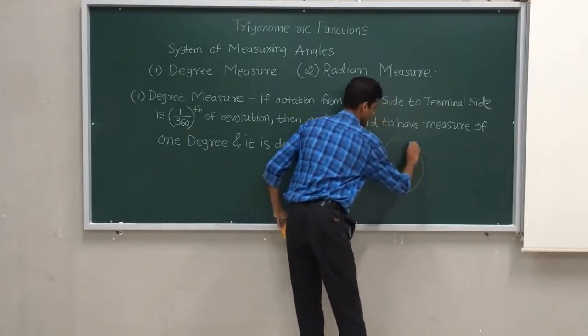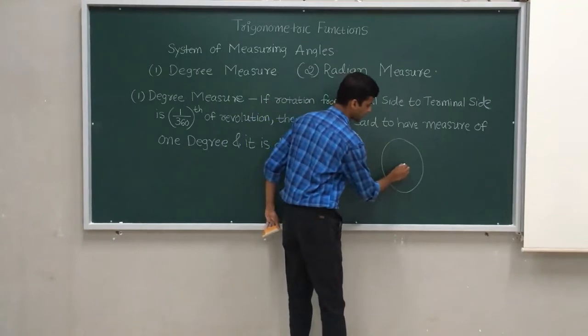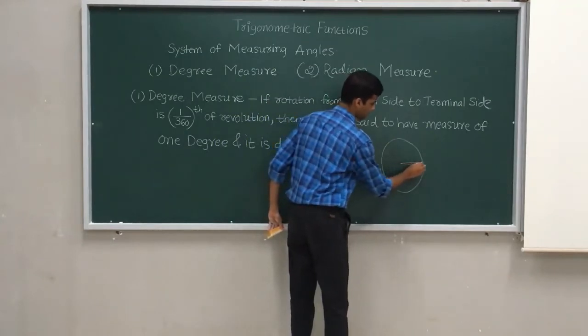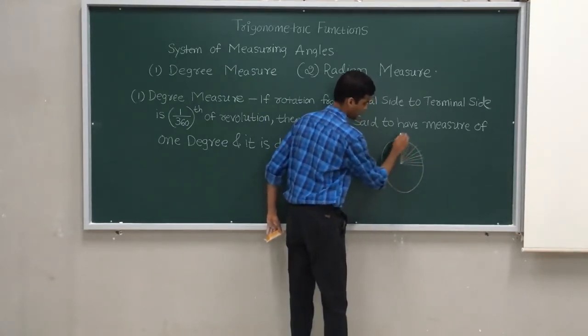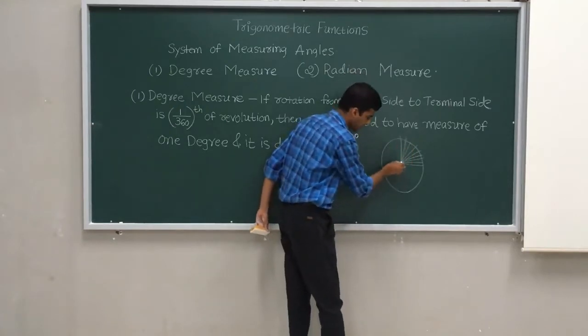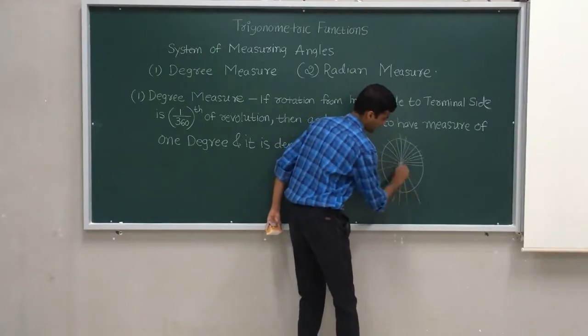So this is a circle, and I told you this circle has 360 parts. 1 part, 2 parts, 3 parts, 4 parts, 5 parts, 6, 7, 8, 9, 10, 11, and so on. It has totally how many parts?